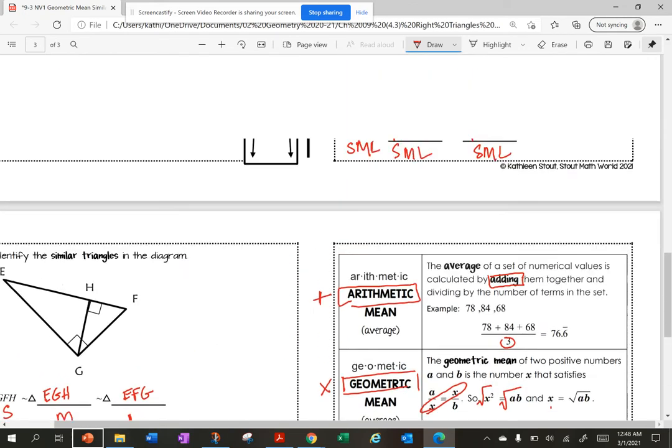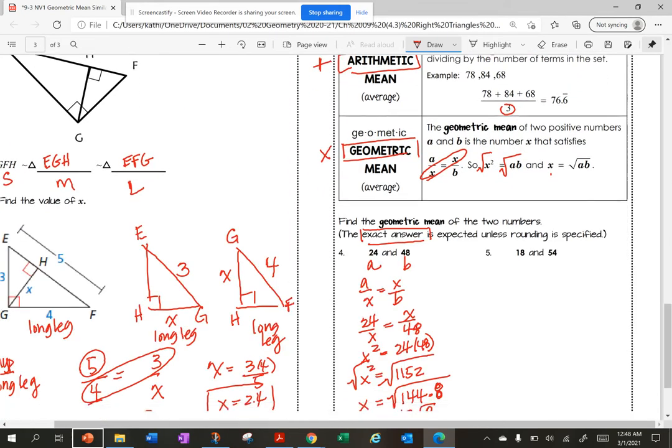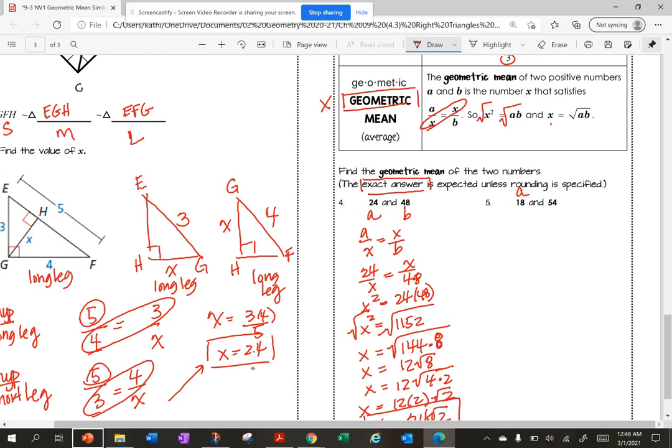Okay, let's try the next one. Here's A and B. So 18 divided by X equals X divided by 54. So I get X squared equals 18 times 54, so X squared equals 972. I'm going to take the square root of both sides.